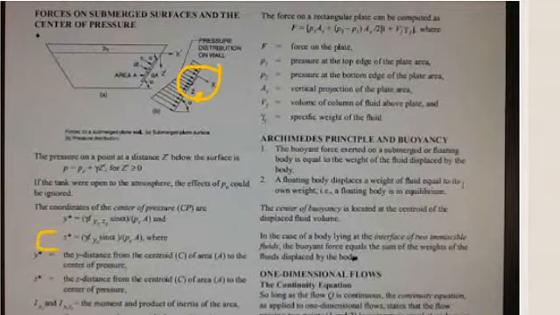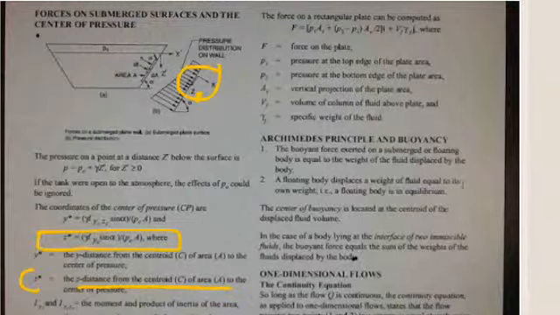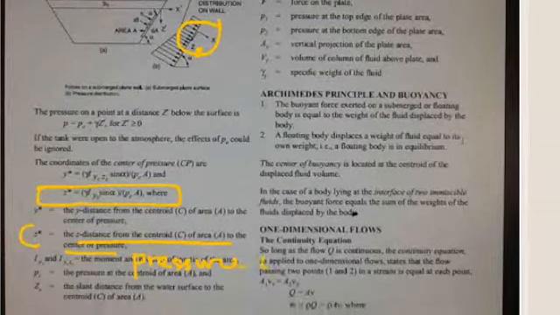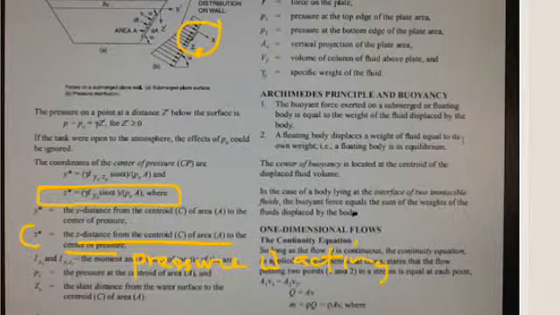So that's going to be z star. And notice that z star here is actually the z distance from the centroid of the area to the center of pressure. That is the location where the pressure is acting on the surface. Now, in our case, it's a rectangle, so we know where the centroid of the area is. So the z star is just the distance between that centroid.